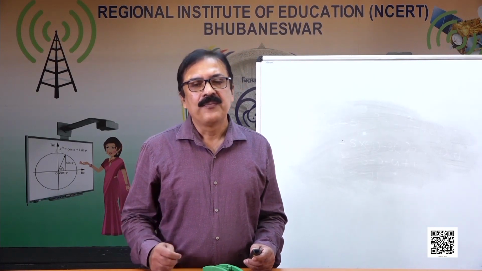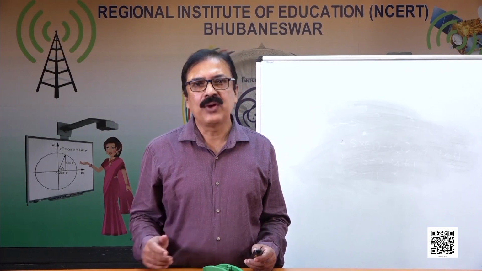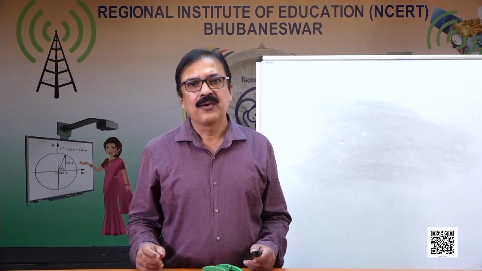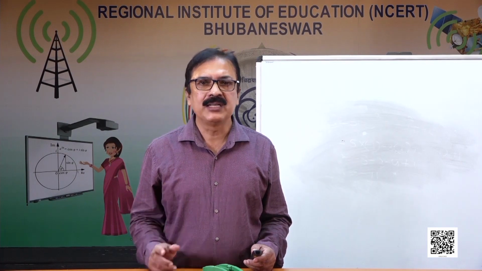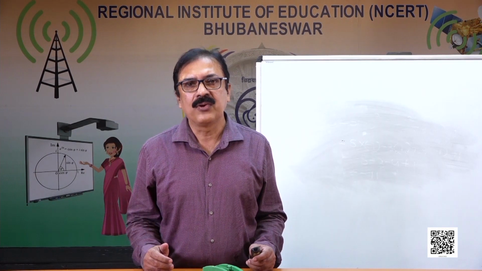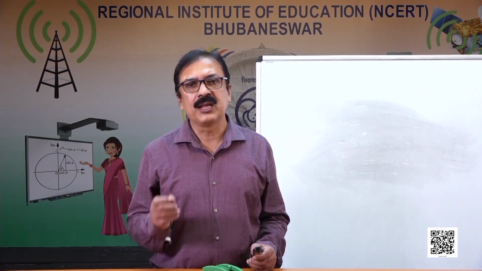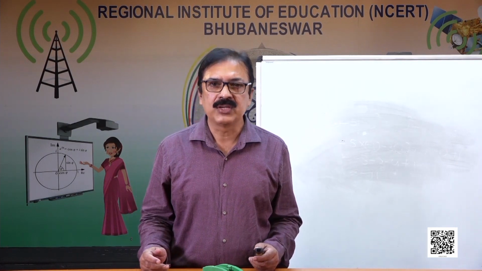Now, find the 0 of the polynomial p(x) is equal to 2x plus 3. In the last two examples, the questions were very simple and based on integers, and it was very easy to find the 0 of the polynomials by substituting some integers. But in this case, it is not possible.